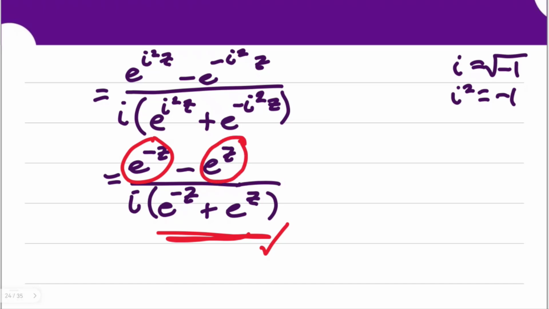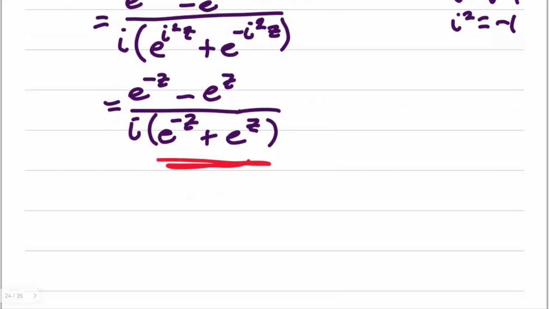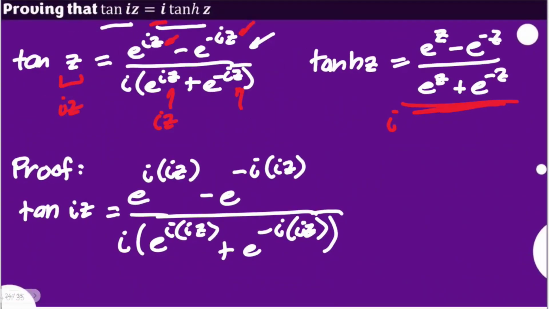So what we can do here is rearrange them, just like what we did in proving the relationship between the sine trigonometric and hyperbolic functions. If you would like to review that, there is a specific video for that. Let me rearrange this. I will have negative e to the power of z plus e to the power of negative z, so that I could meet this target here.